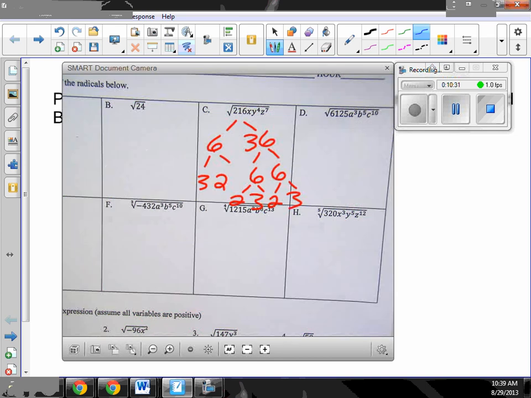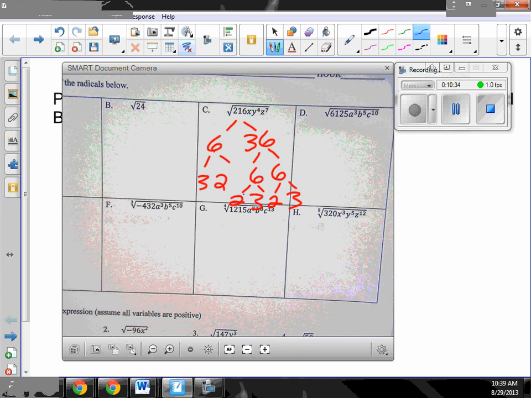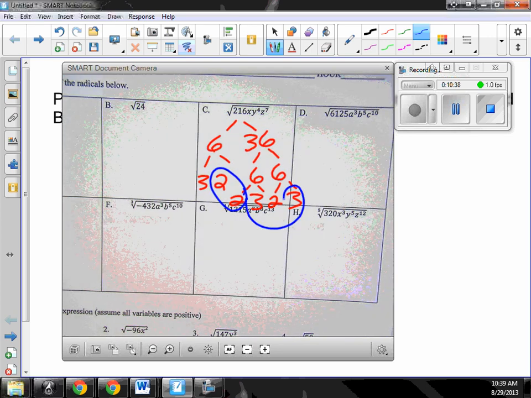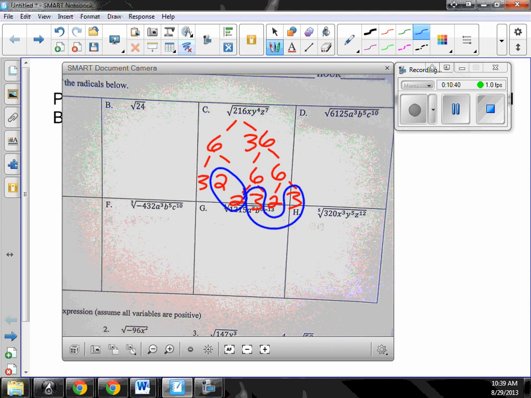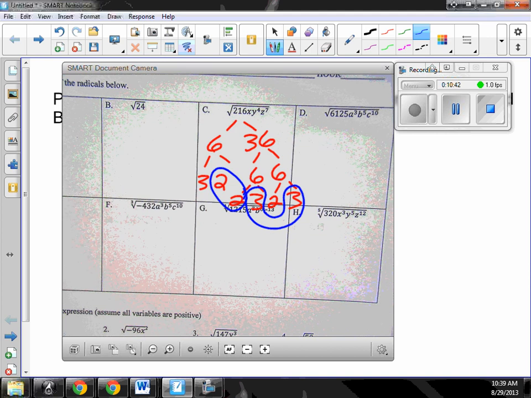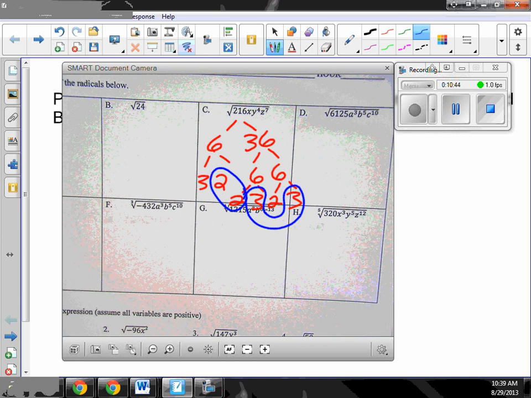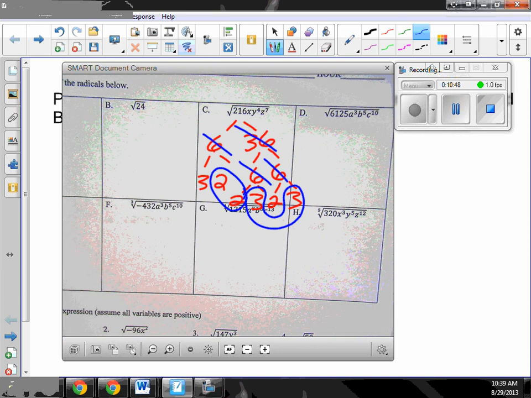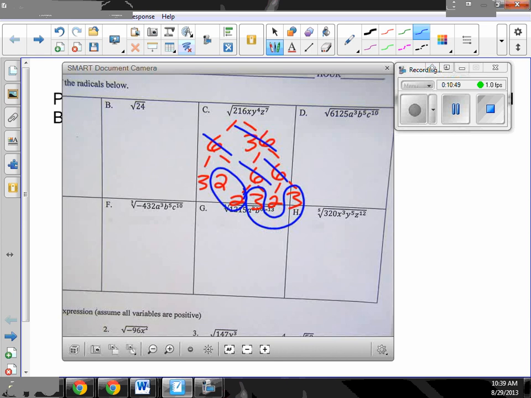What am I looking for here? I'm looking for pairs. So I see a pair of 2s. I see a pair of 3s. And I have a 2 left over and a 6 left over. And remember, anything that factors needs to be crossed off. What am I going to bring to the outside?